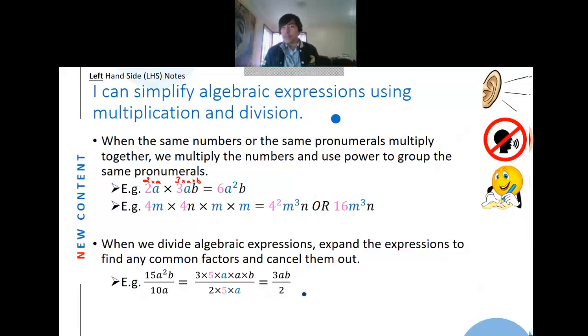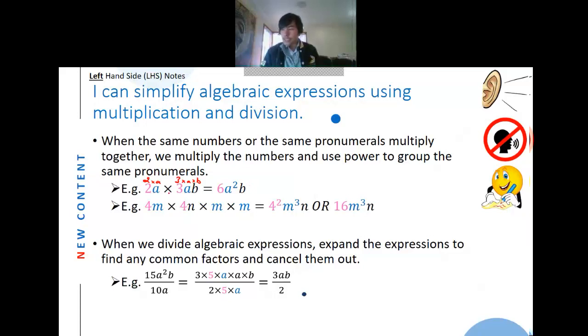Now the letter a appears twice, so since it's a times a, we can rewrite that as a squared. Here we're using the power to group the same letters, the same pronumerals, together. And then b, since it only appears once, we just write the letter b there.